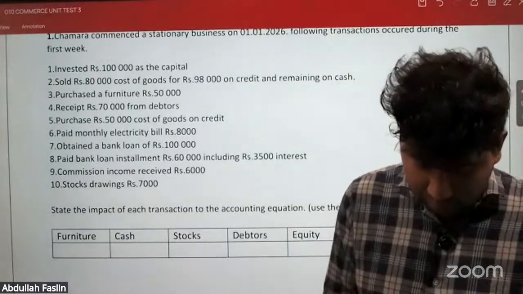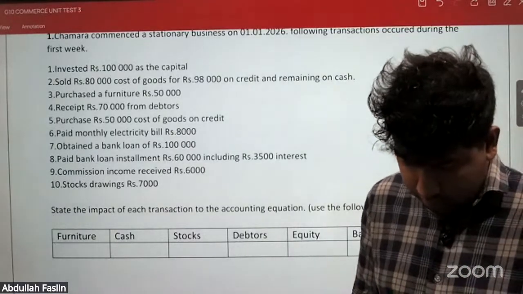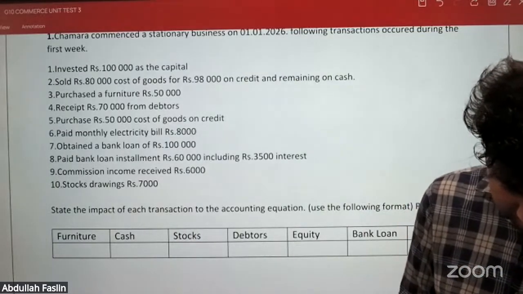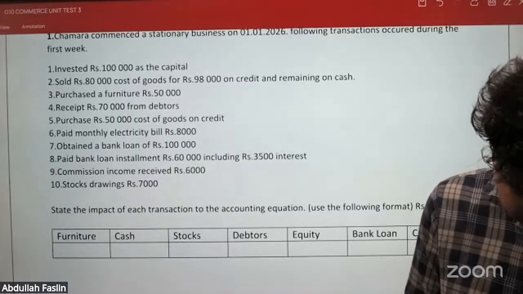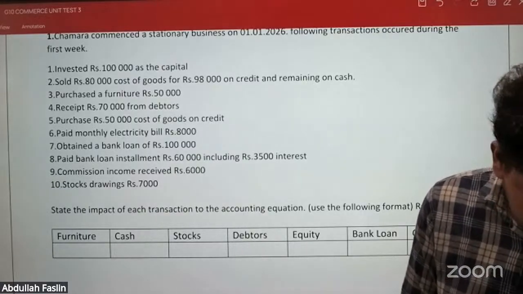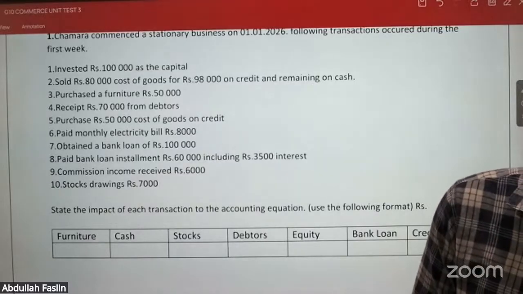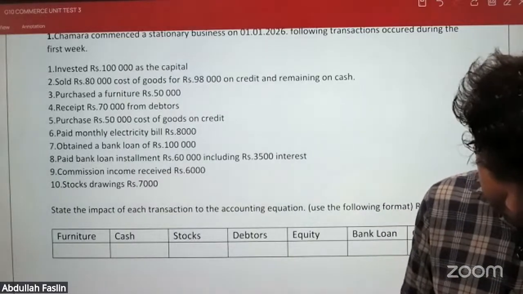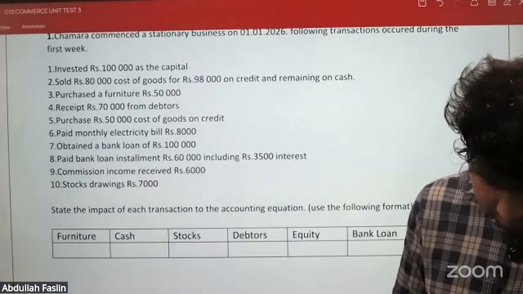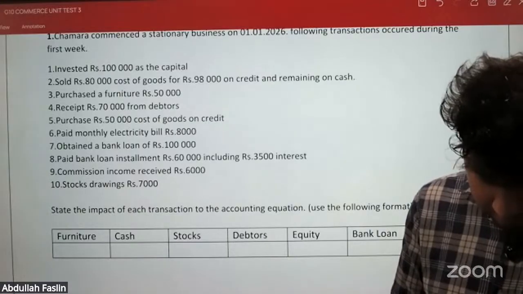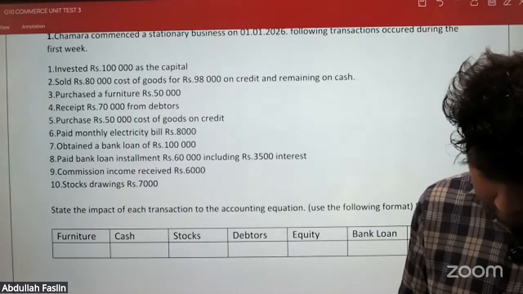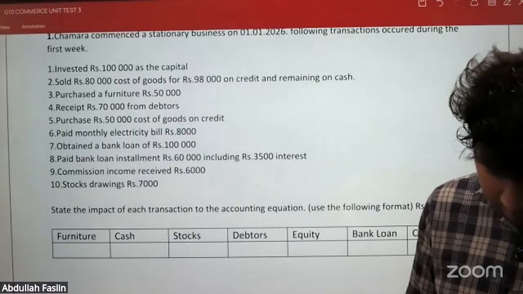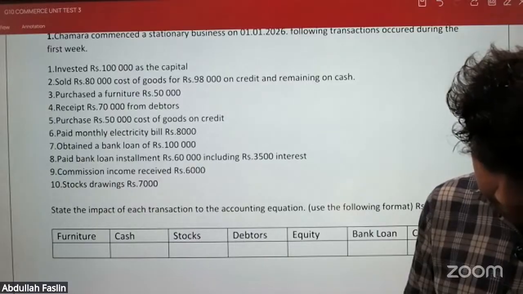No. I think it was a typing mistake. The marking scheme also was not there, right? Yeah, that is right. Markings.